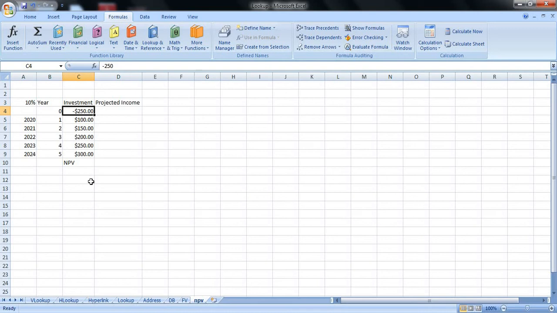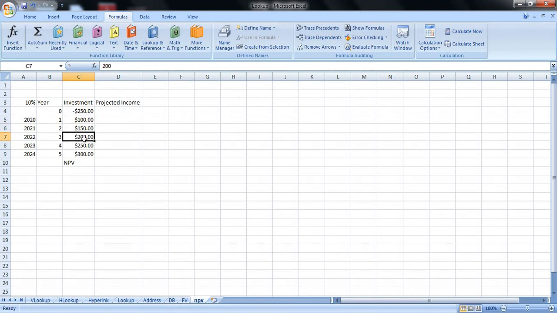Outflow is $250, that is the investment, and the projected inflow is estimated: after the first year I'll earn $100. After the end of the second year I'll earn $50 more, which means total projected income will be $150.